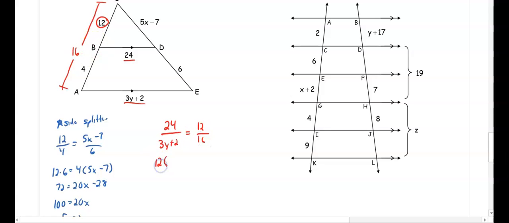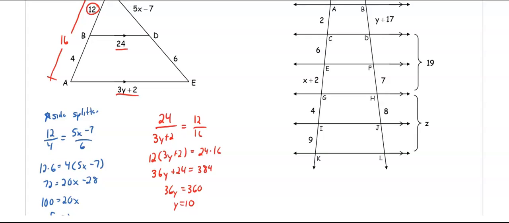When we cross multiply, 12 times 3y plus 2 is equal to 24 times 16. So we get 36y plus 24 is equal to 384. When we subtract 24 from both sides, 36y is equal to 360. When we divide, y is 10.